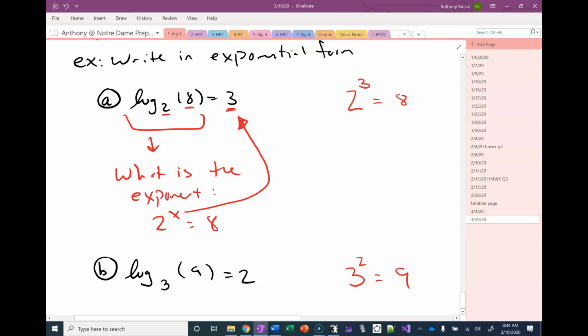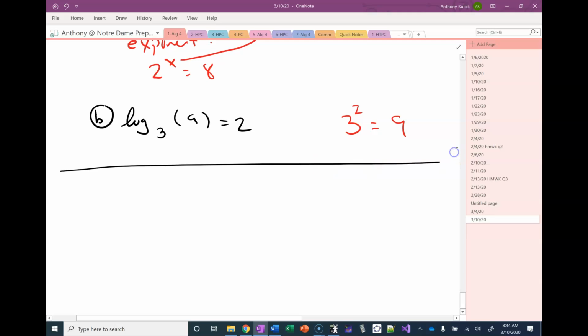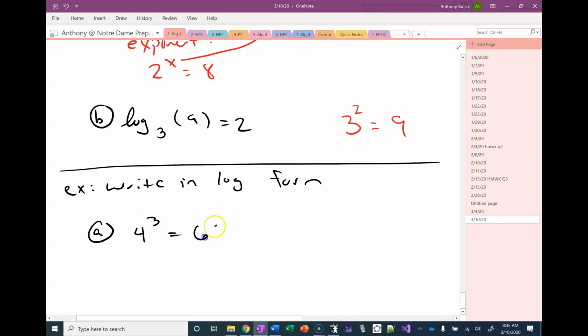So far, so good? What if we ask you to go the other direction? So if we have 4 to the third is equal to 64. So I'm going to have log. What's the base for my exponential? 4. What's the base for my logarithm then? 4. Okay.